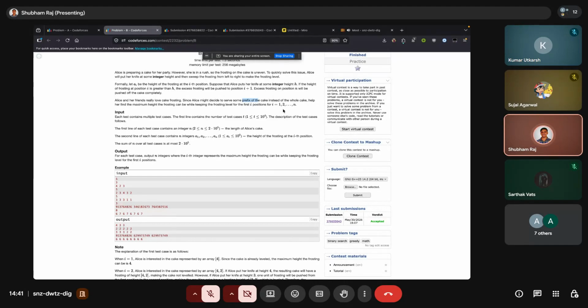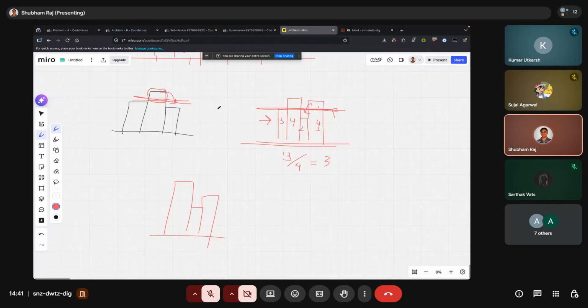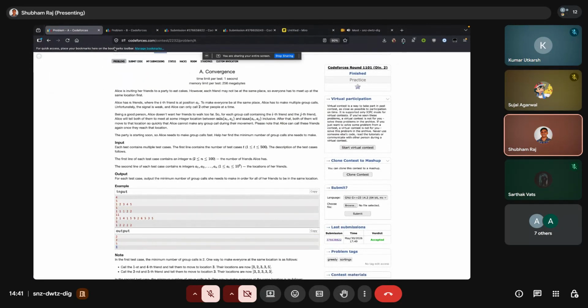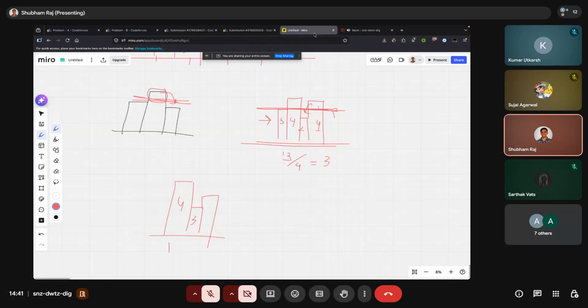Suppose I am giving i equal to 3, so she needs to find out what is the maximum height of the cake that she can attain up to that index 3. Right? So if I start with index 1, what is the maximum height she can get? The heights are 4, 2 and 3.